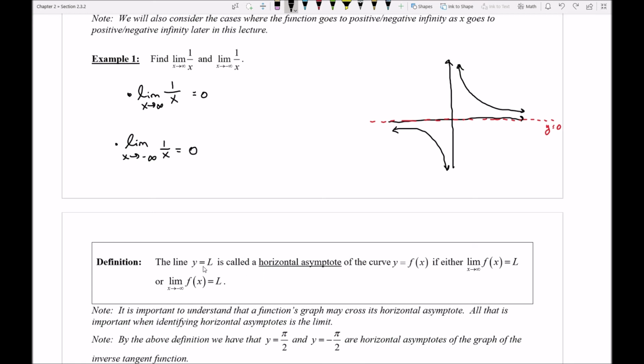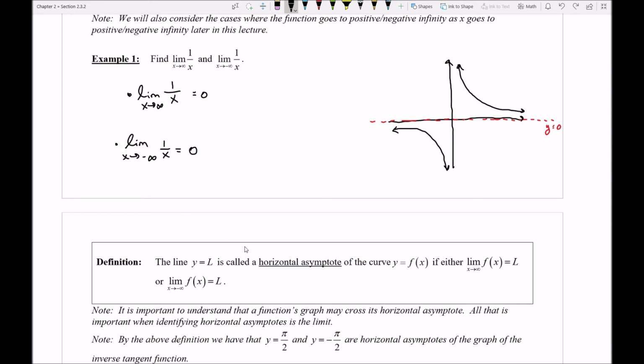So notice that we say that a line is a horizontal asymptote of a curve if the limit as I go towards positive infinity is equal to L, or the limit as I go towards negative infinity is equal to L. Notice that in the previous example, both of our limits were equal to 0, and so that was an indication that the line y equals 0 is actually going to be a horizontal asymptote of the graph.